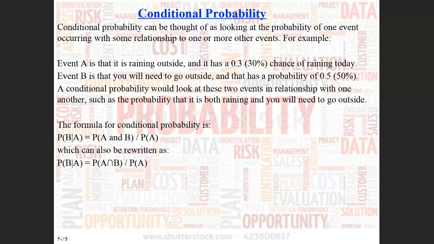So the formula for conditional probability down here: the probability of B, where you need to go outside, given A, is the probability of A and B, they're both going to happen, divided by the probability of A. This can also be written as the probability of B given A equals the probability of A intersection B, divided by the probability of A. And who can remember what this sign means?